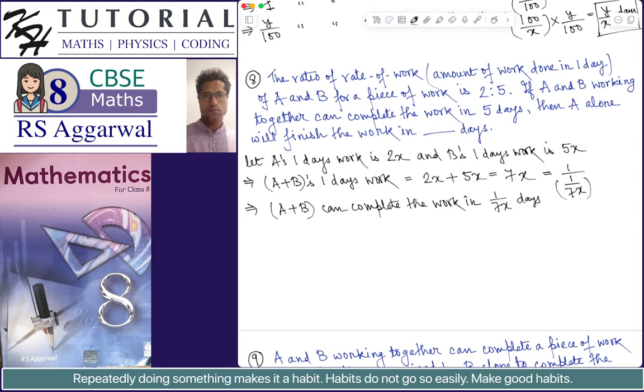Now it is given that A and B working together can complete the work in 5 days. So this implies that 1 by 7x is equal to 5.